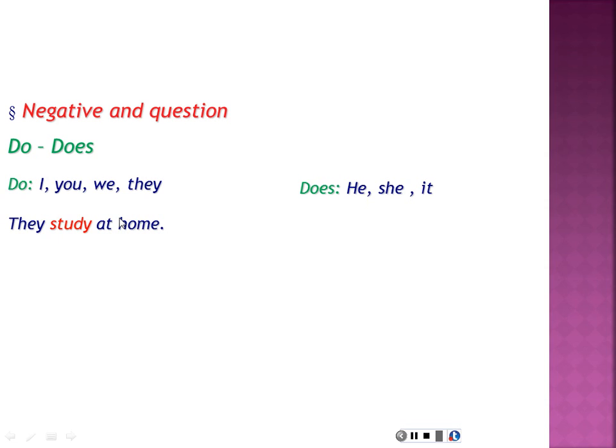Here we don't have verb to be. ليس عندنا فعل كون. We have main verb, فعل رئيسي واحد, study. They study at home. So this is the main verb. So in order to make it negative, للتبديل بين الإثبات والنفي, we have to use do. نستخدم do. وذلك بالطريقة نتحدث عنها لاحقا.